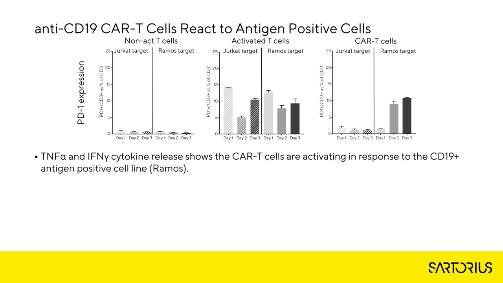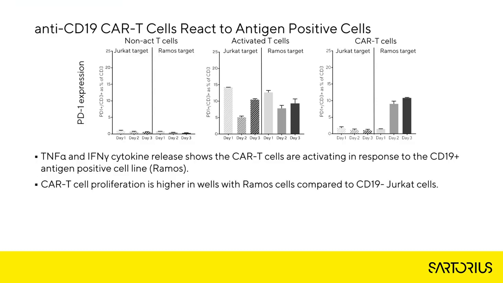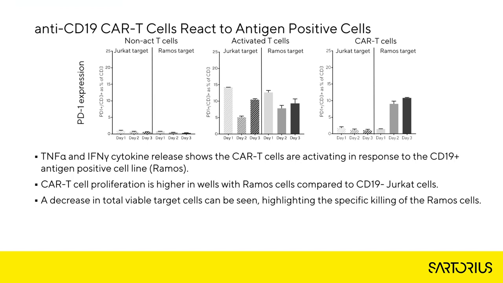In summary, TNF-alpha and interferon gamma cytokine release shows the CAR T cells are activating in response to the CD19 antigen-positive cell line. CAR T cell proliferation is higher in wells with Ramos cells compared to CD19 negative Jurkat cells. A decrease in total viable CD19 positive target cells can be seen, highlighting the specific killing of the Ramos cells.